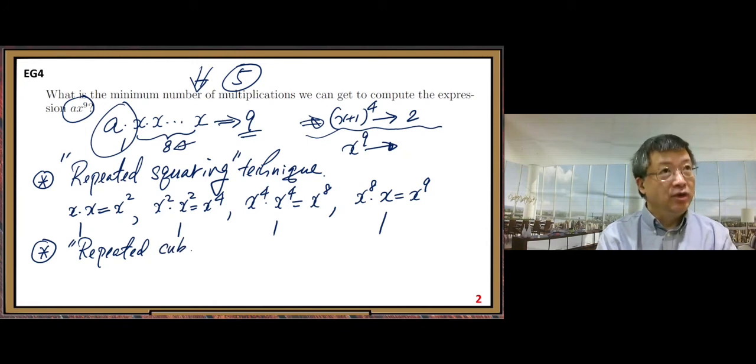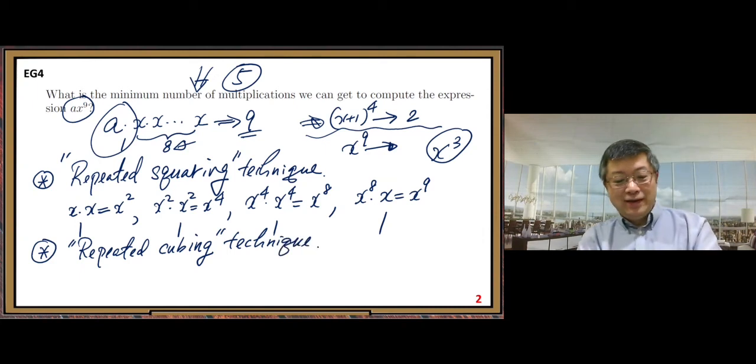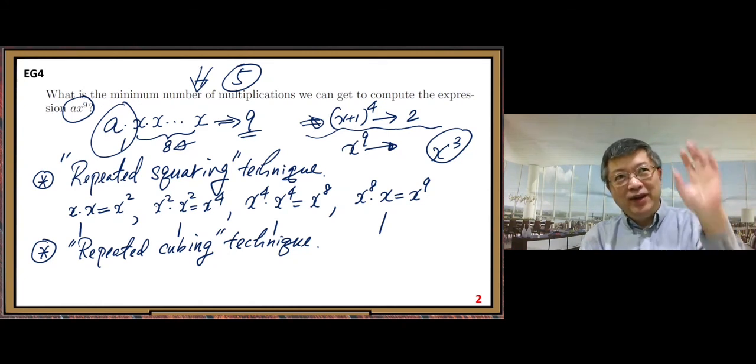Cube, we know cube, 3, you know, x to the third, cube, x cubed, right? Can we do the repeated cubing? How about that? Similar to repeated squaring, but we can generalize to repeated cubing. Although it sounds weird, yeah, but the point is this, okay?